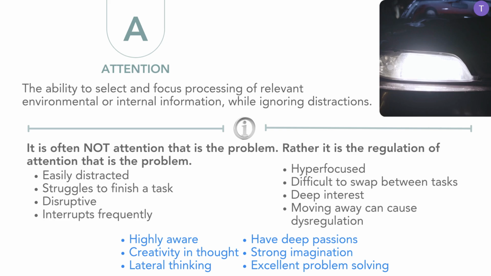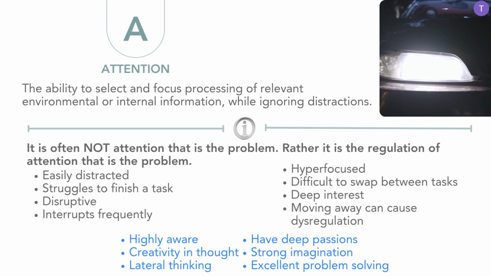And it can be difficult to understand when you're seeing one version of attention and then it can look like it's an intentional lack of wanting to do a task and perhaps being a little bit defiant. But really, it's about this regulation of attention that can be really, really difficult.